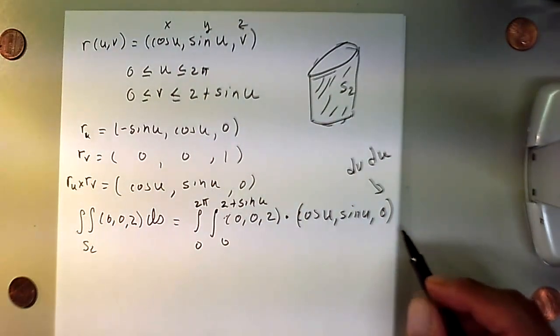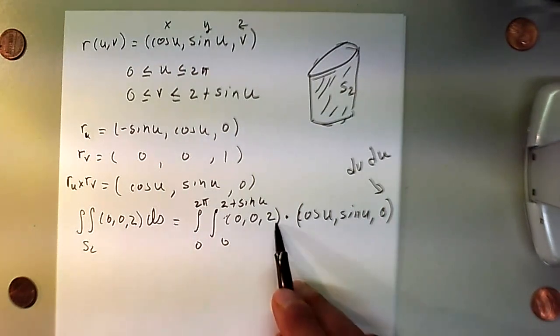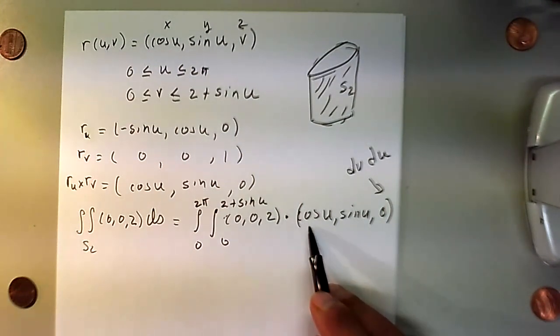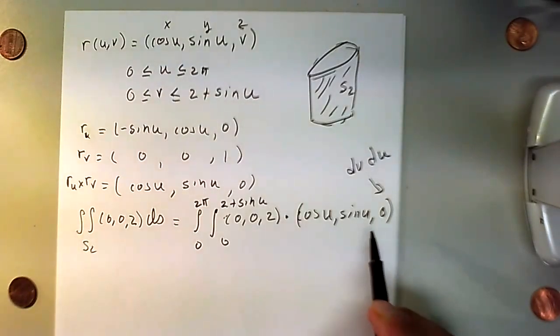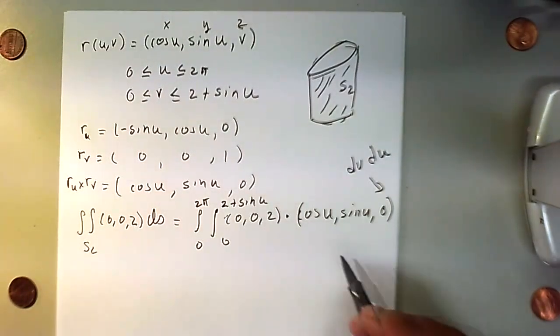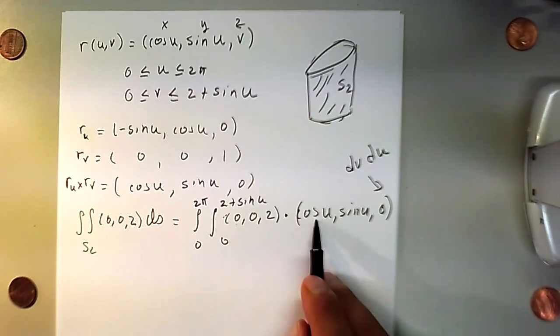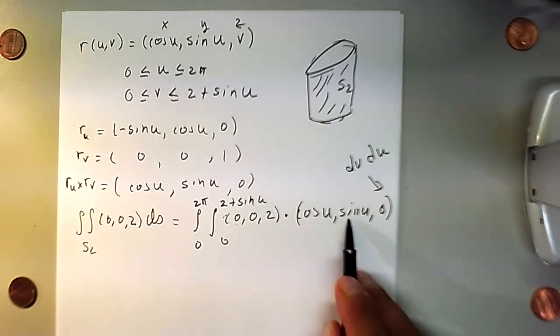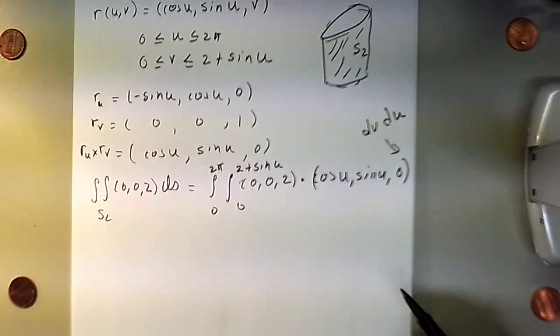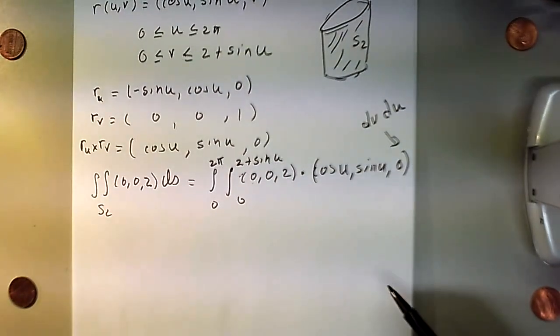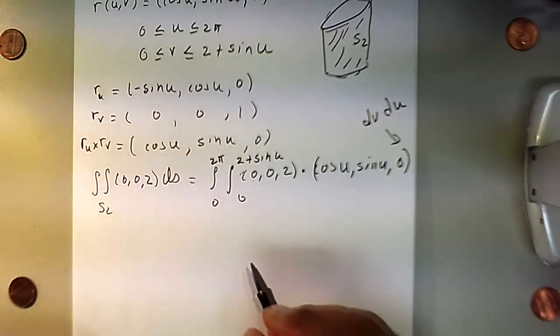Okay, but notice that 0, 0, 2 dotted with cosine, sine, and 0 is going to give us 0, because 0 times that is 0, 0 times that is 0, 2 times 0 is 0, and we add those three products together. So we end up with 0 plus 0 plus 0, which of course is 0.